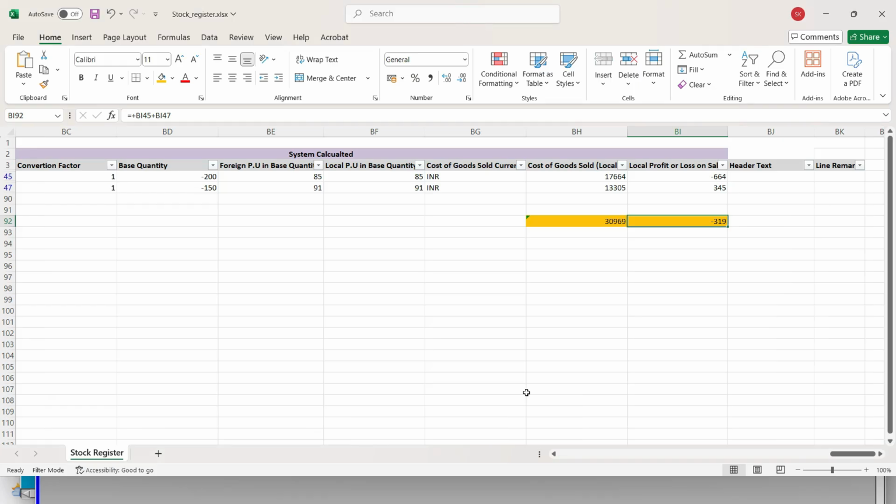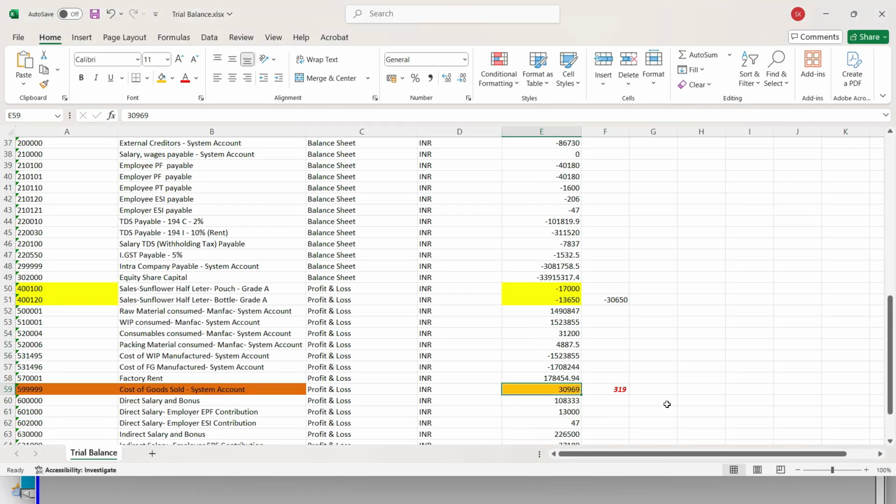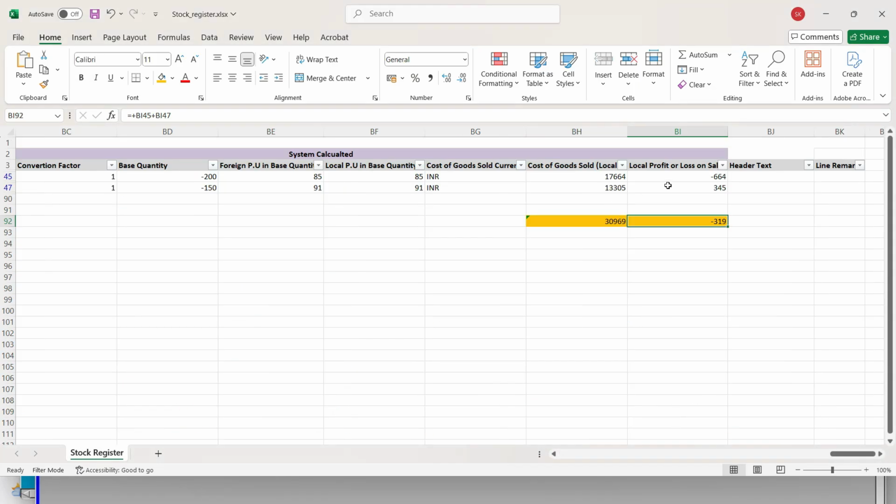And if you want to deep dive into how that loss or profit has come, you can download the stock register and see by item and by each invoice how much profit or how much loss you have made. On this first transaction I have made a loss, so what I'll do is correct my price list.